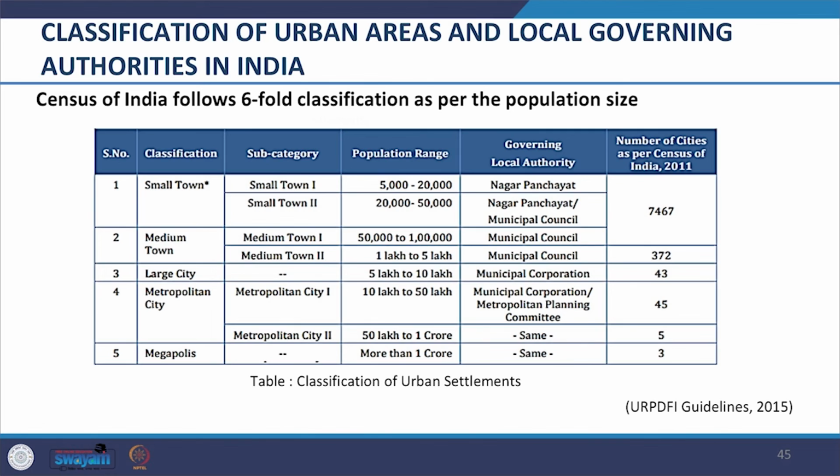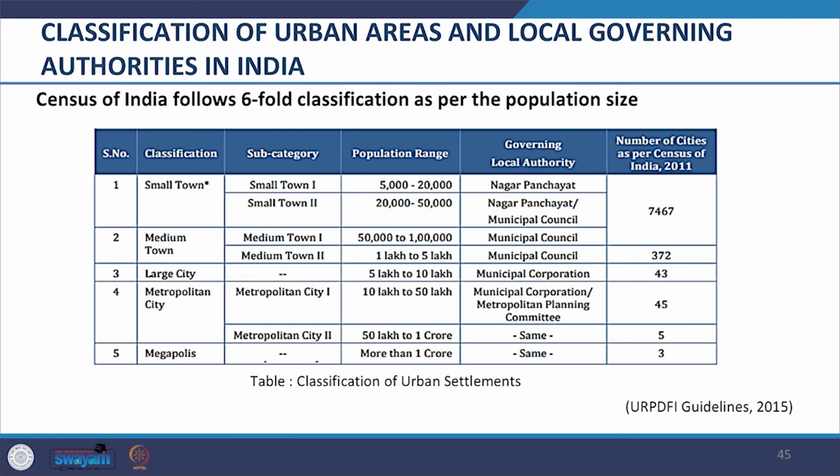Further, we see metropolitan city 2, these are big cities, 50 lakhs to 1 crore. Then megapolis, more than 1 crore, very big cities. They are categorized under megapolis, and the local authorities are the same: municipal corporation, metropolitan planning committee.